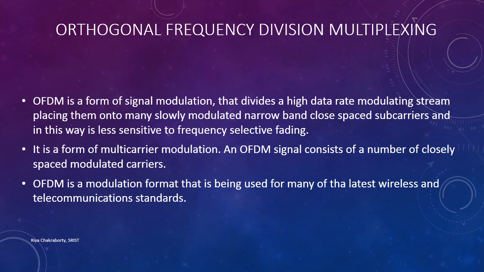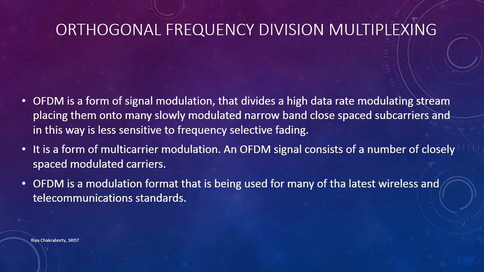OFDM is a modulation format that is being used for many of the latest wireless and telecommunication standards. OFDM has also been adopted for a number of broadcast standards from digital radio to the digital video broadcast standard.